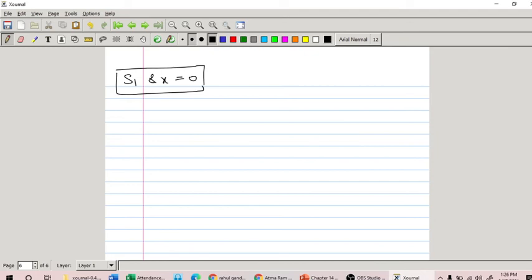When s1 and x are set equal to 0, the equations become 2y is equal to 40 and 4y plus s2 is equal to 120. Again these will give you values like y is equal to 40 and s2 is equal to minus 40.